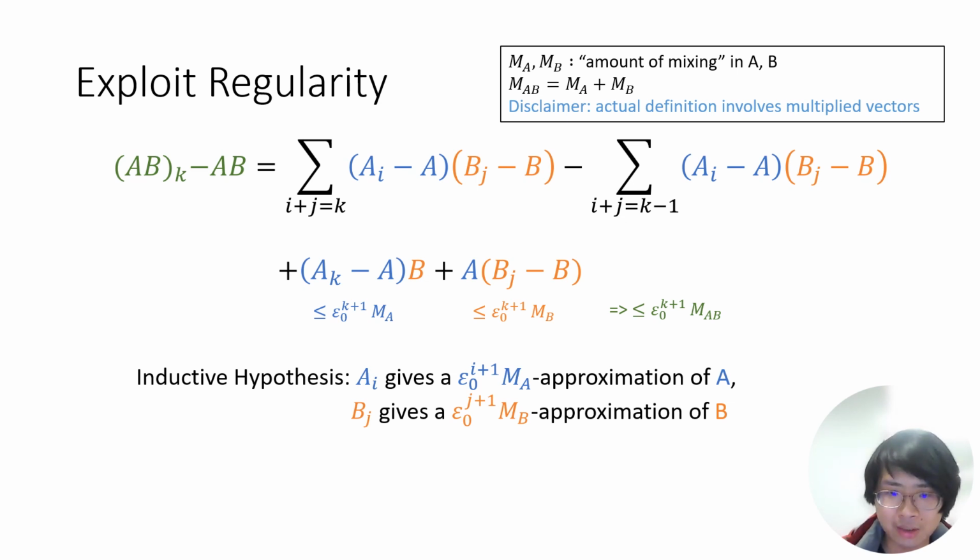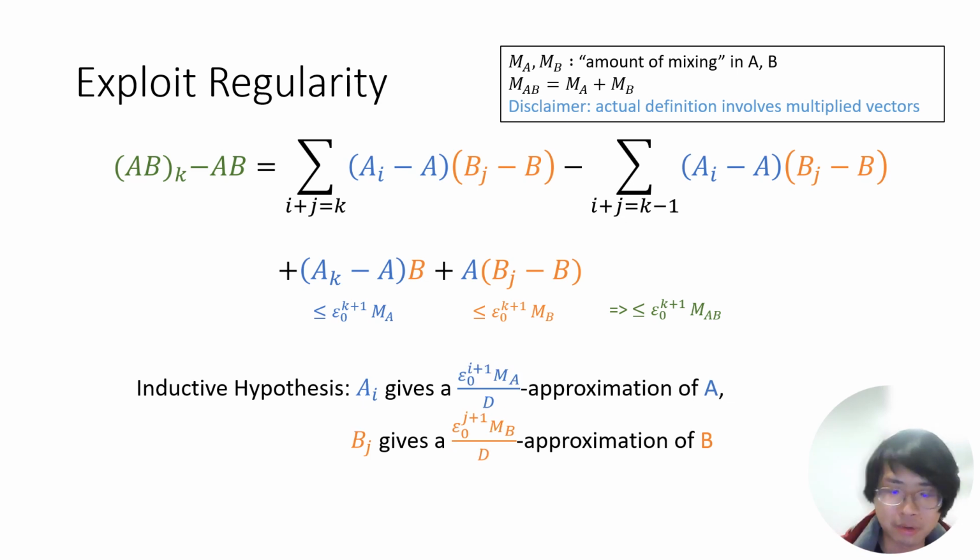So the sum of the two terms is also upper bounded proportionally to the amount of mixing M_AB, and it remains to show that the terms in the first two summations do not ruin this analysis.